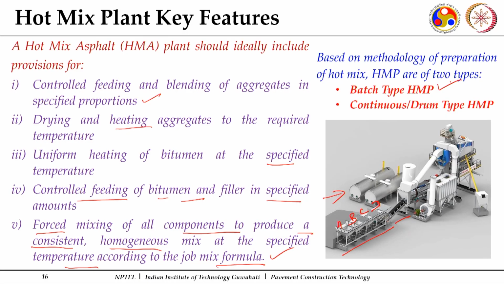Typically, two types of hot mix plants are popular. One is a batch type hot mix plant, the second is a continuous or drum type hot mix plant. We will discuss in the next lecture the details about these different types of hot mix plants, the batch mix type plant and the continuous or drum type hot mix plant.